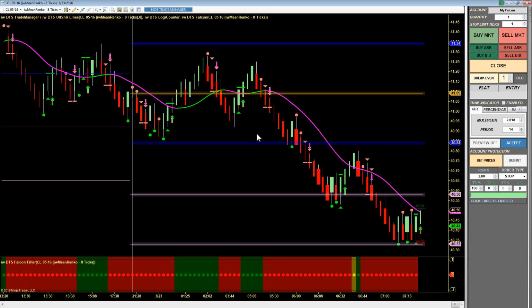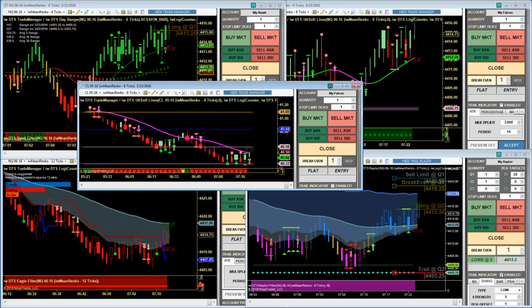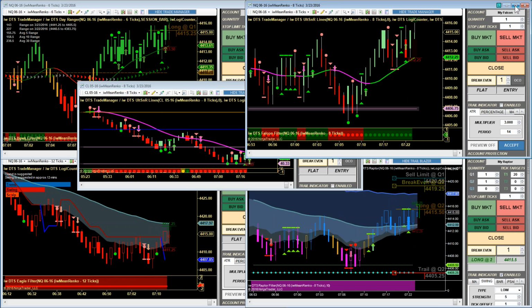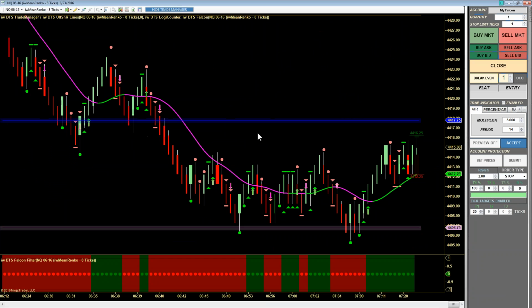Normally what I like to see going into inventory is that the market is in a little bit of a sideways range, actually more like what we're seeing here on the NASDAQ. I like to see a well-defined sideways range with the market trading more or less in the middle. Then I can use our OCO function and bracket that range to buy above and to sell below.